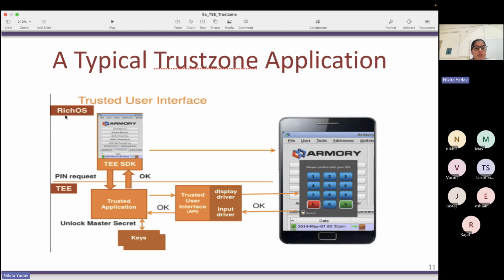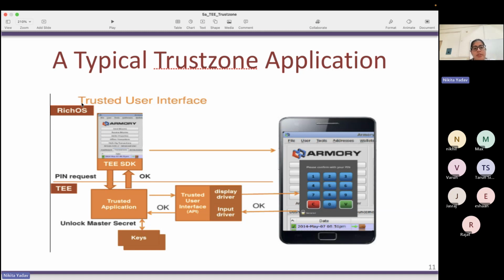ARM TrustZone actually is widely deployed in mobile devices, so we have here taken an example of a mobile. Let's say you have on your mobile an application, and your application is running on top of the rich operating system. Rich operating system is another word used here for the normal world OS. Why is it called a rich OS?